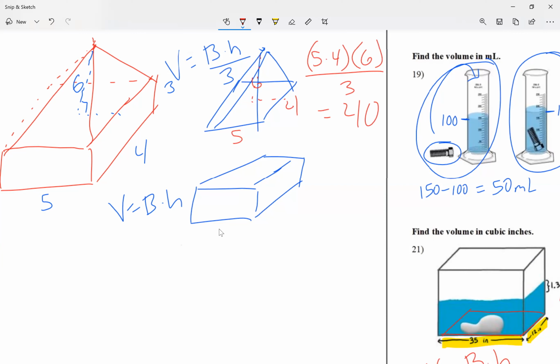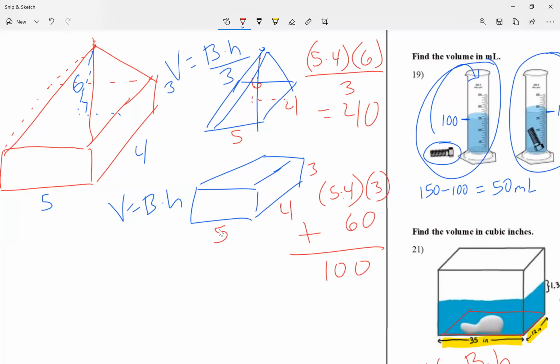Now the prism at the bottom, this is 5, this is 4, this is 3. The base is 5 times 4, because the base looks like a rectangle. The height is 3. So just the prism, 5 times 4 times 3, is 60. So just the pyramid is 40, just the prism is 60, combined will give me 100.